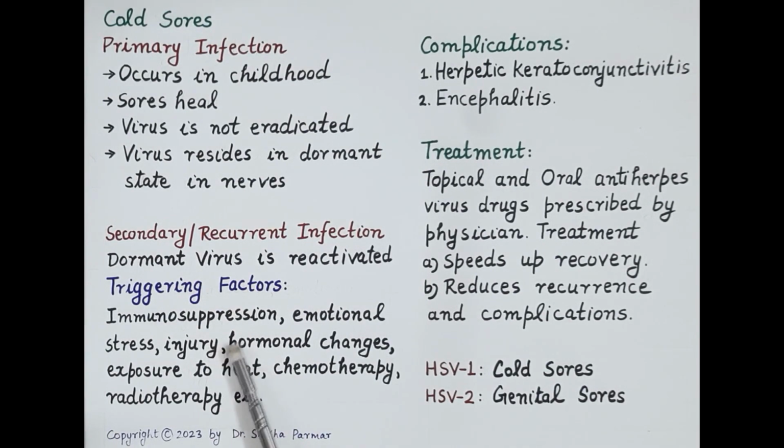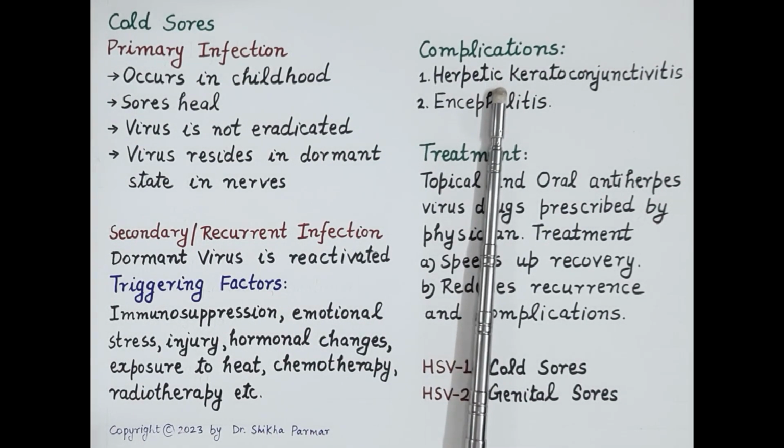Some of the triggering factors are immunosuppression, emotional stress of the individual, injury, hormonal changes, exposure to heat, chemotherapy, radiotherapy, etc. These triggering factors activate the dormant virus, and the cold sores reappear.